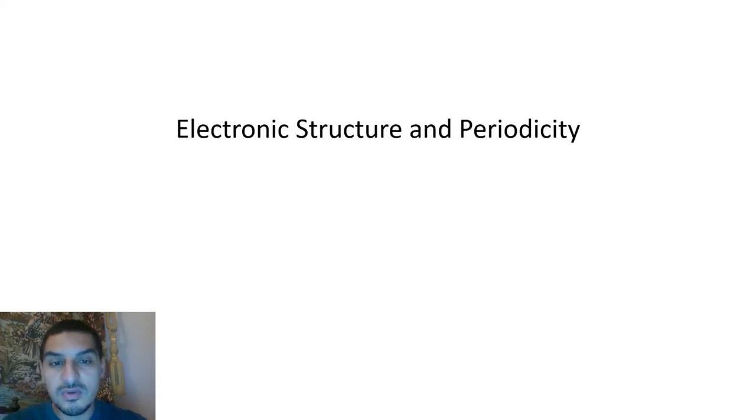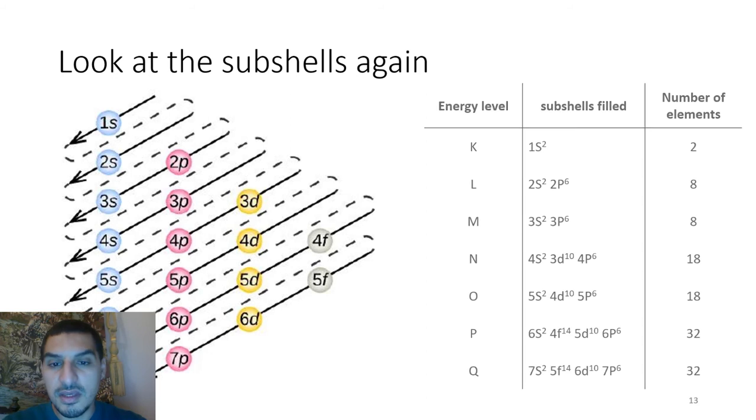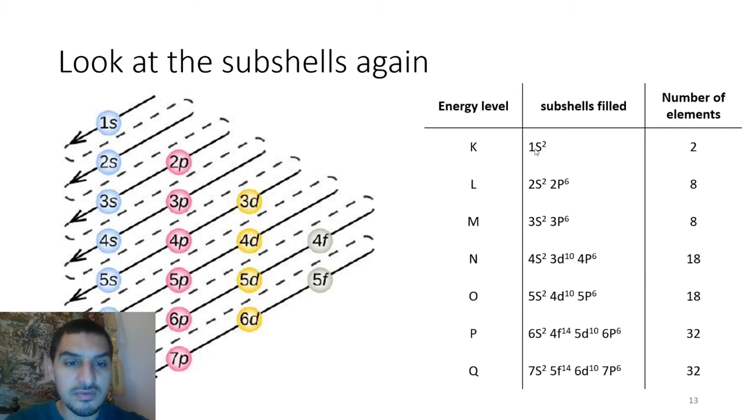Again, we mentioned that this is how the electrons are filled. We have the K energy level filled by 2 electrons, L is filled by 8, M is filled by 8, and then N is filled by 18, O is filled by 18, and so on.